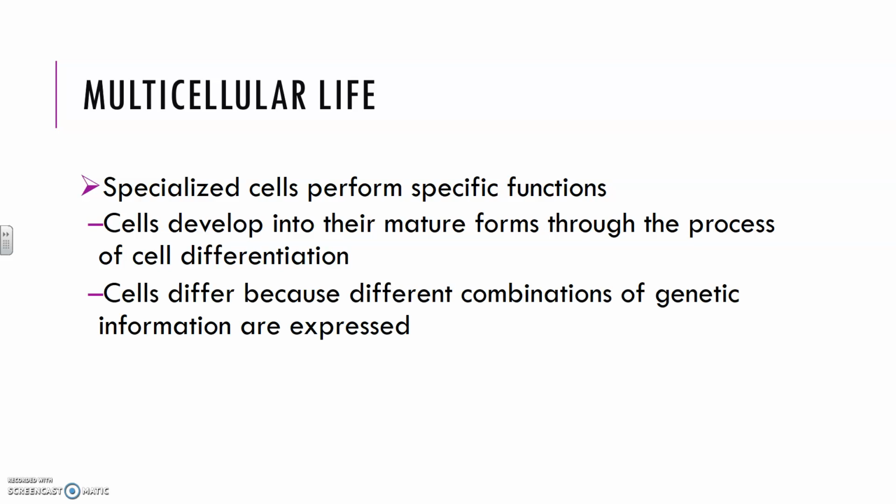So cells differ because different combinations of genetic information are expressed. This was another thing that really confused scientists for a long time: every cell has the exact same genetic information, but you have cells that are very different. So it means that they're not using that genetic information in the same way. Depending on how the cells differentiate, different pieces of the DNA will be activated and then expressed, and that will create the different attributes of those specific types of cells.